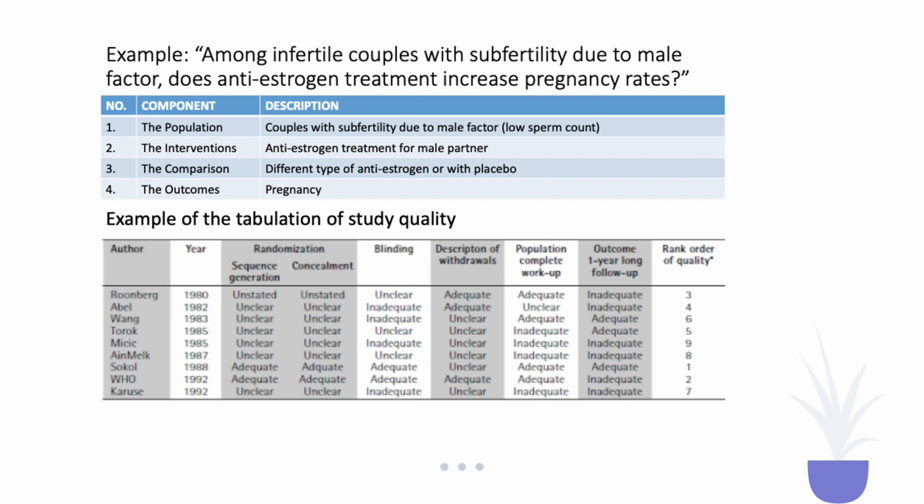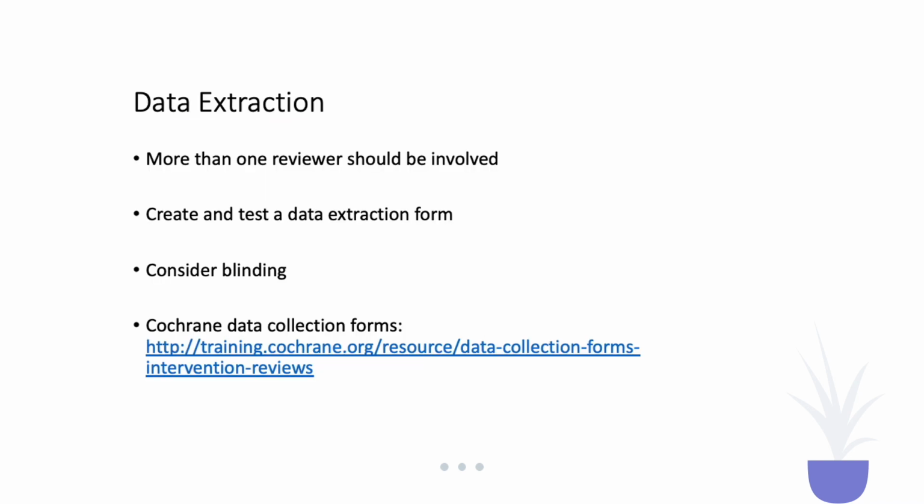And here we can see the question of, among infertile couples with subfertility due to male factor, does anti-estrogen treatment increase pregnancy rates? The PICO is defined there. And what we're seeing there is a tabulation of this study quality. And so you're now confident of the quality of the studies or articles to be included.